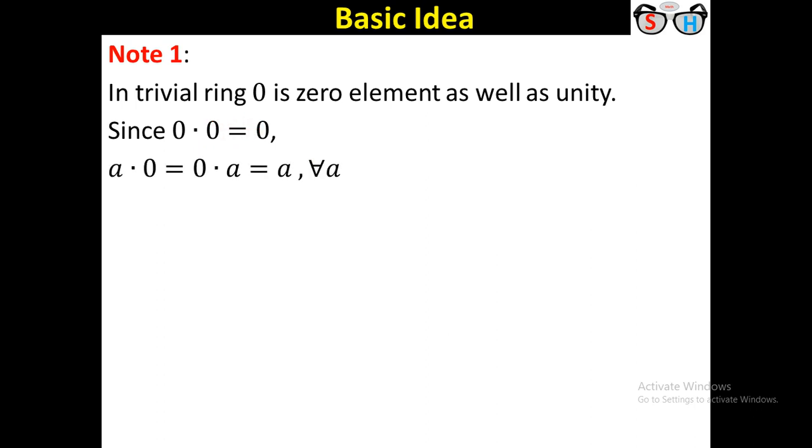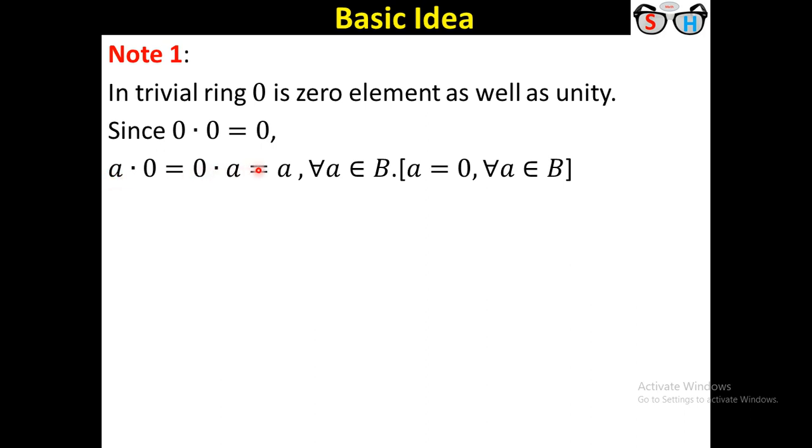So we can write A dot 0 equals 0 dot A equals 0, because A equals 0 for all A belonging to B, since B contains only the additive identity, the 0 element of the zero ring A. So here all the A are 0, so 0 dot 0 equals 0 dot 0 equals 0. I put A in place of 0, and it is also so here.